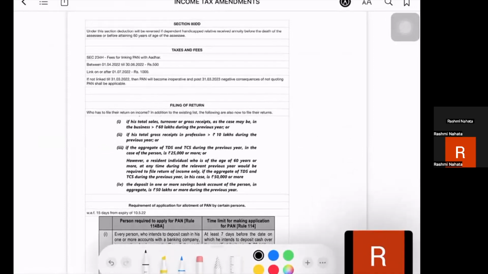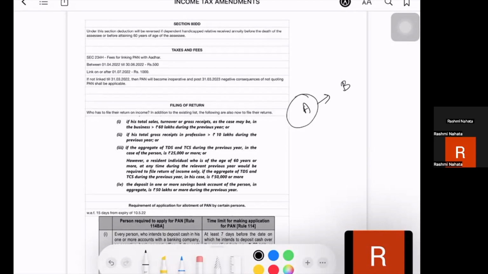The next one is with regard to 80CCDD. Earlier we had a section 80DD where, let's say, there is a dependent person who is having a handicapped relative. Let's say A is having a brother B who is handicapped.